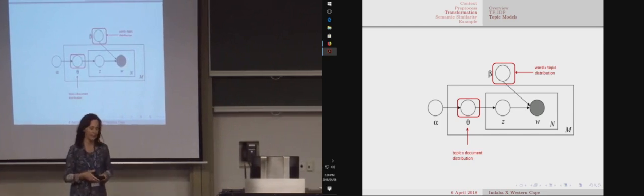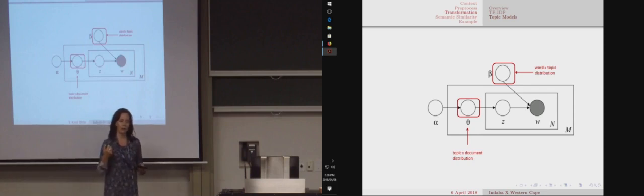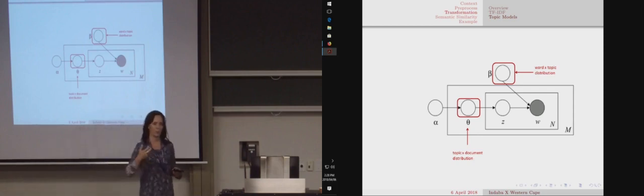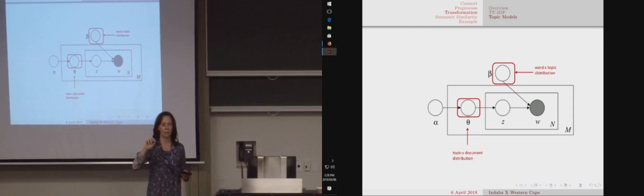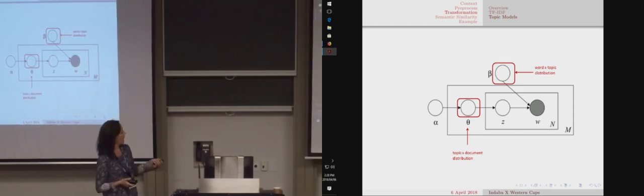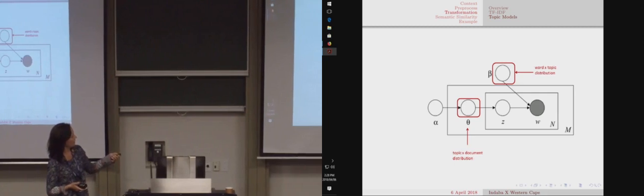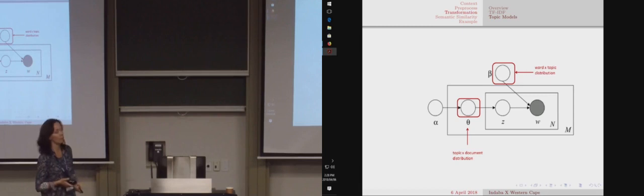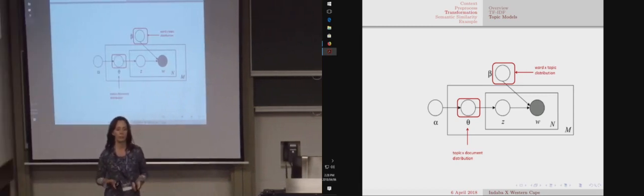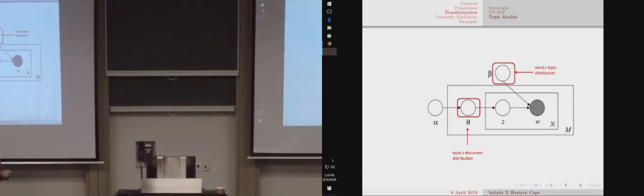So what you say is, for each document, and for each word in each document, you choose a topic. Alpha and beta are your hyperparameters, and theta gives you the topic by document distribution, so that does the clustering for you. And beta gives you the word by topic distribution, that does the compression for you, or the dimensionality reduction.